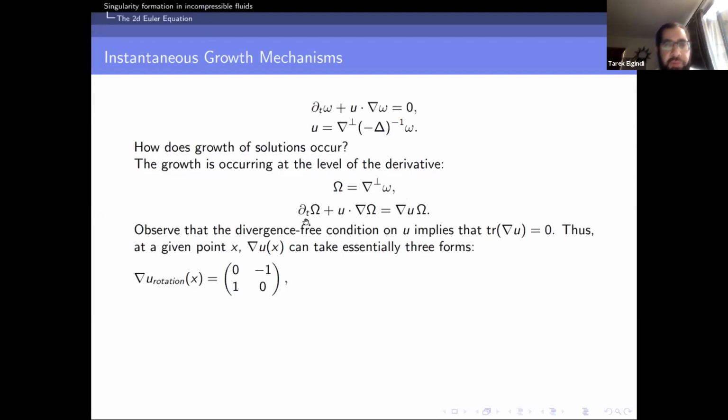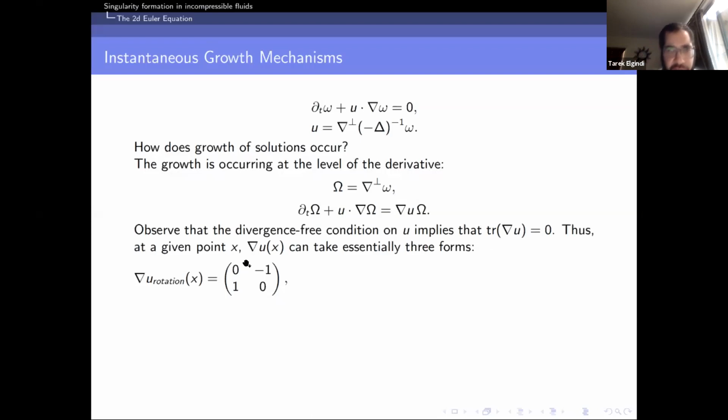So if you want to talk about the pointwise growth of omega, or even L^p growth of capital omega, then you have to think about this term on the right-hand side: gradient of u times omega. Since u is divergence free, this matrix gradient u is trace free. And since it's trace free, its eigenvalues have to add to 0.